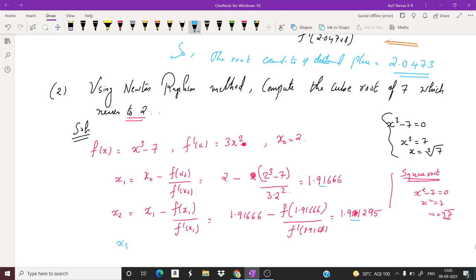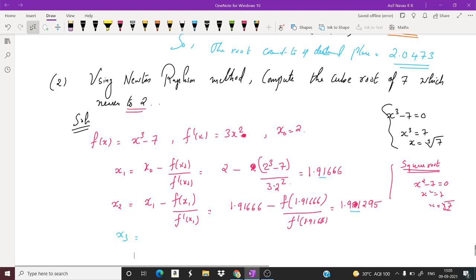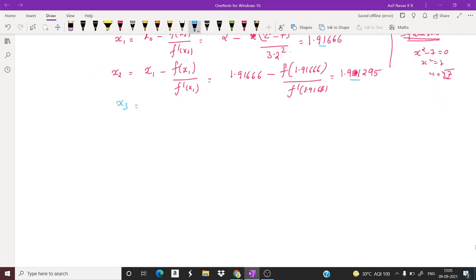Now we will find x3. x3 is equal to, again, x2 minus f of x2 divided by f dash of x2. That is 1.91295 minus f of 1.91295 divided by f dash of 1.91295.